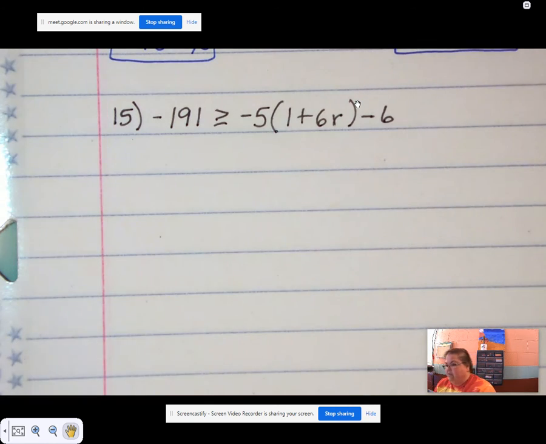Okay? This is going to take a few steps, but we just follow the order of solving equations in the column.